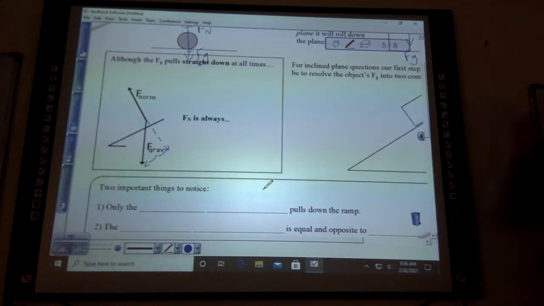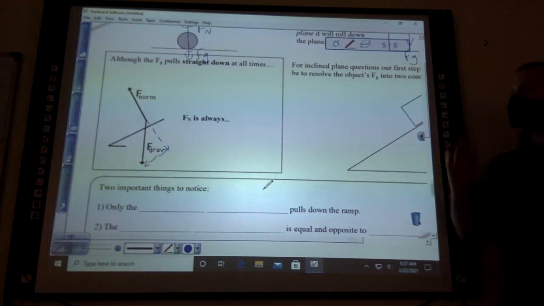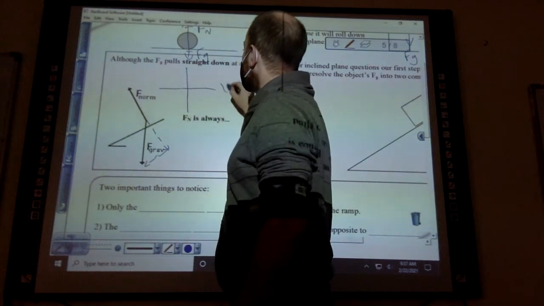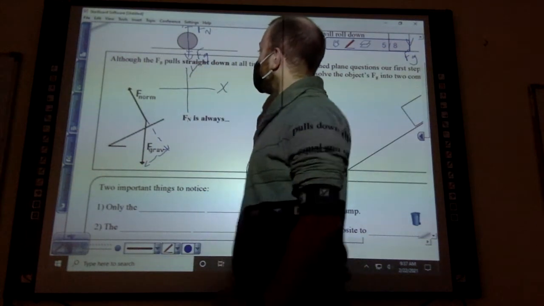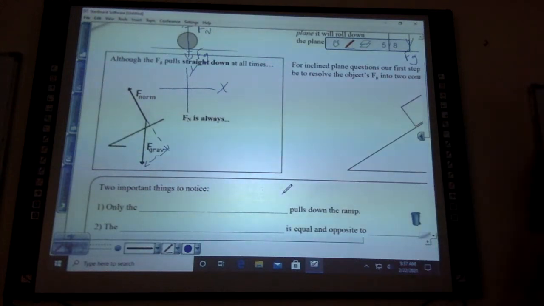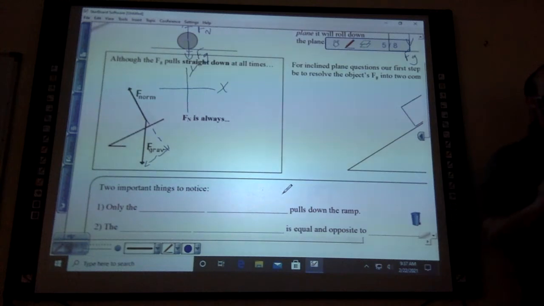So what we are going to do is change our coordinate system. You've always seen us break things up into this coordinate system. We've always broken things up into x and y components thus far. However, in dealing with an incline, this is going to be problematic.